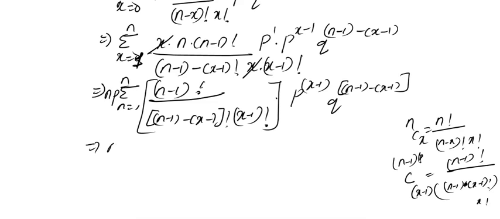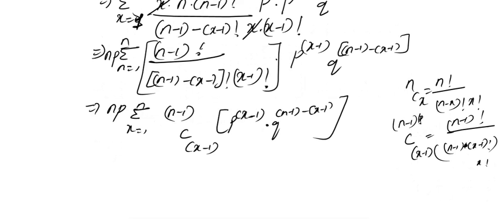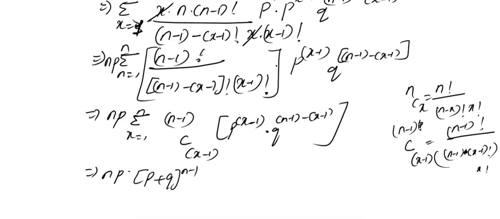So you can write this as np. So I have just written in terms of nCx formula. Next we have np, summation. You can clearly see the terms are completely of the form of standard binomial distribution, but expressed in terms of n minus 1. Sum of all these terms should be (p plus q) whole power n minus 1. That we have already stated.